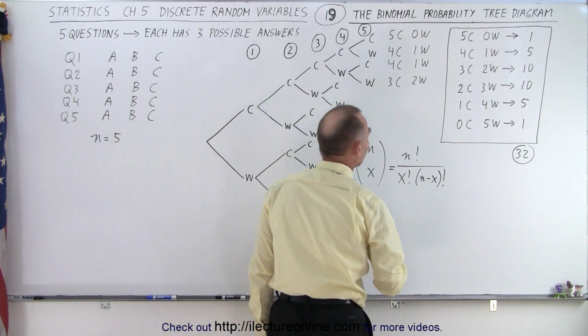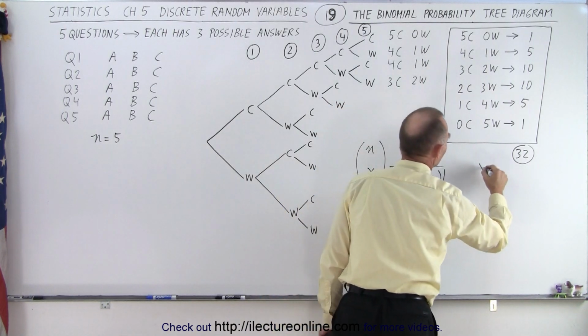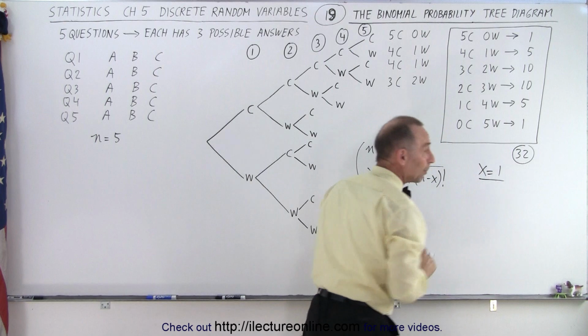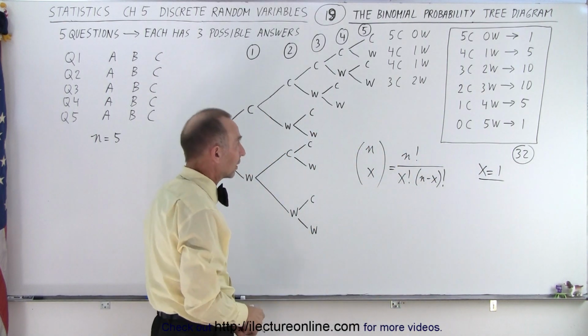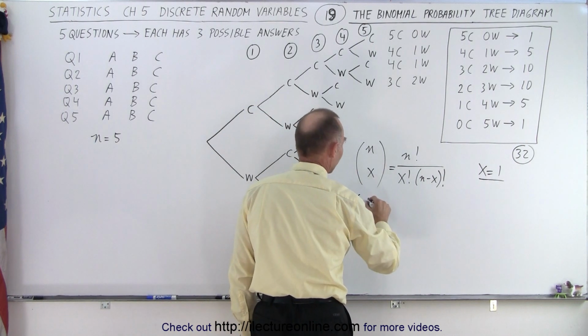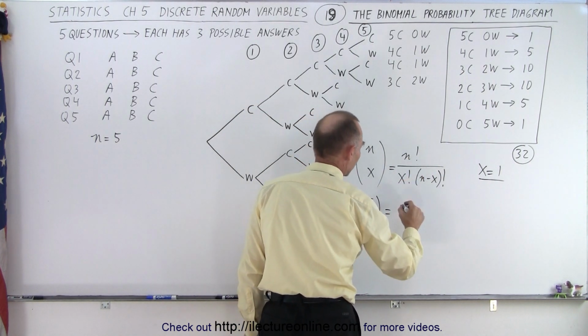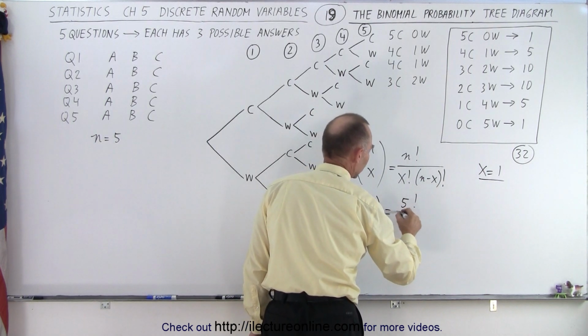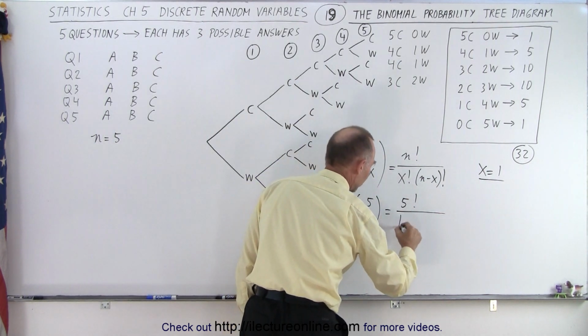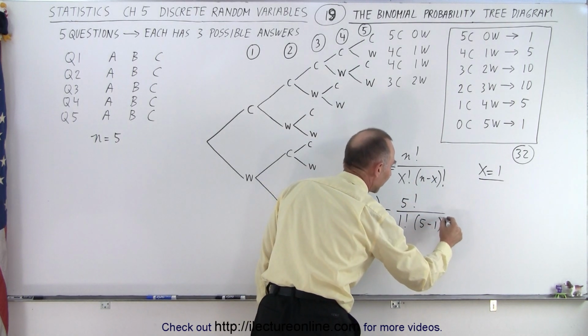So let's say that we want 1 correct. So in this case, we set x equals 1 because x represents the number of correct picks. All right, let's calculate this out. So we have n, which is the 5 questions, and 1 correct answer is equal to n factorial, which is 5 factorial, divided by x factorial, which is 1 factorial, and n minus x, which is 5 minus 1 factorial.